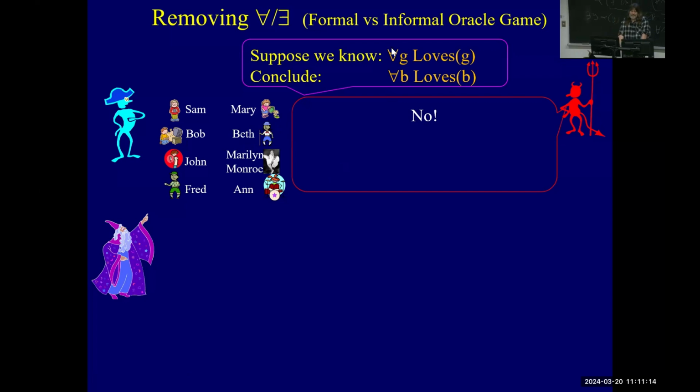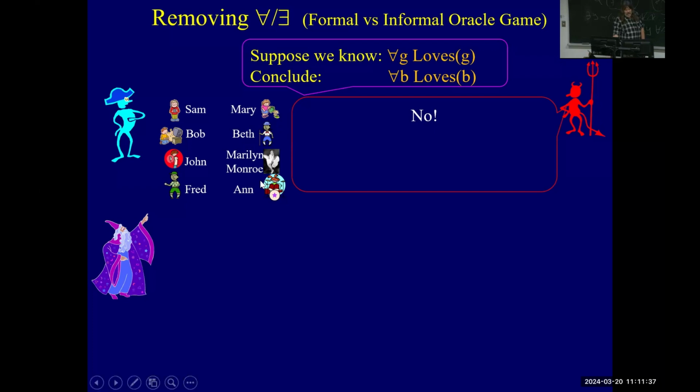Well, I have been cheating you guys by sometimes letting the letter tell you what the domain of the objects is. So for all G means for all girls, and for all B means for all boys.